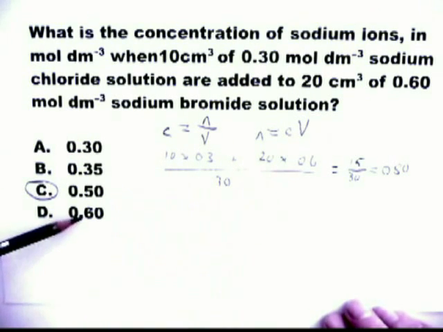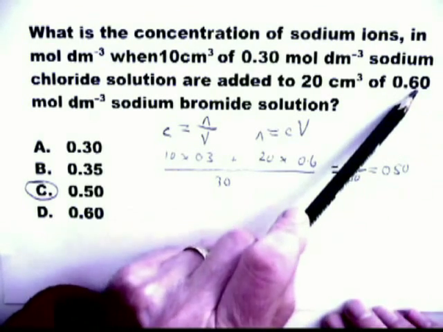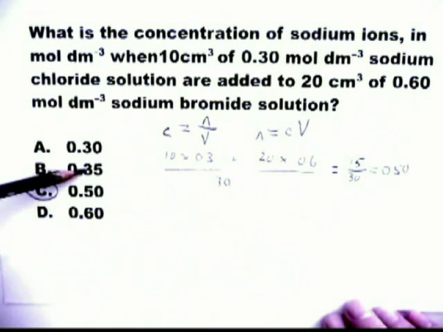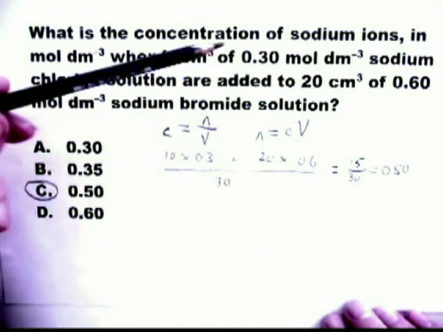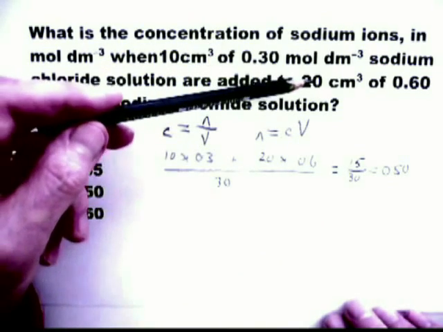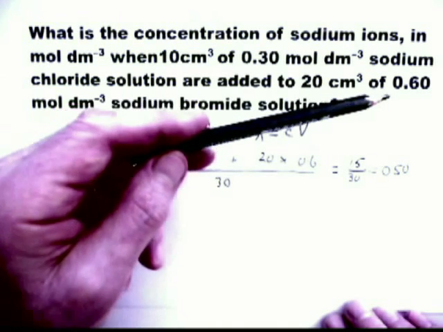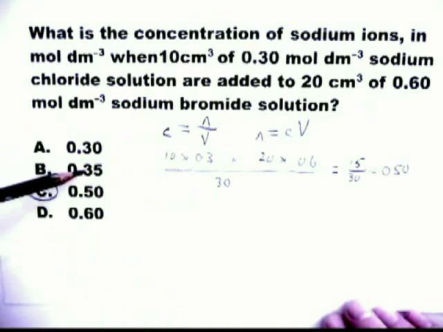You started with a solution of 0.6 and you added a more dilute solution to it, so that's not possible. B is an interesting one. You started with a concentration of 0.3 and you added twice as much of a much stronger solution, in fact twice as strong. Unlikely to be B. So that also gives you C as the answer.